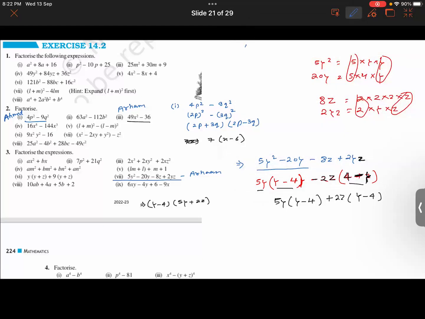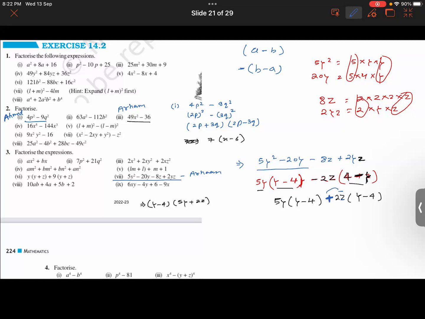If it is a minus b and you have to write it as b minus a, there will be a minus sign coming outside the bracket. So here also a minus sign appeared before the bracket, and the minus 2z got multiplied with the minus sign, so it became plus 2z here.